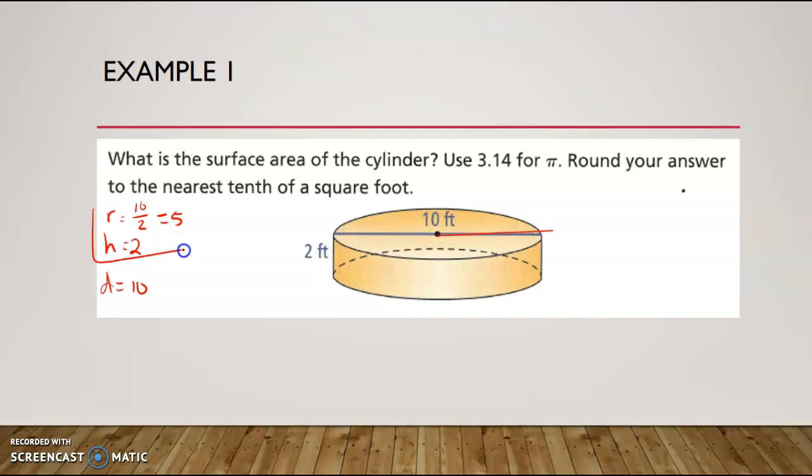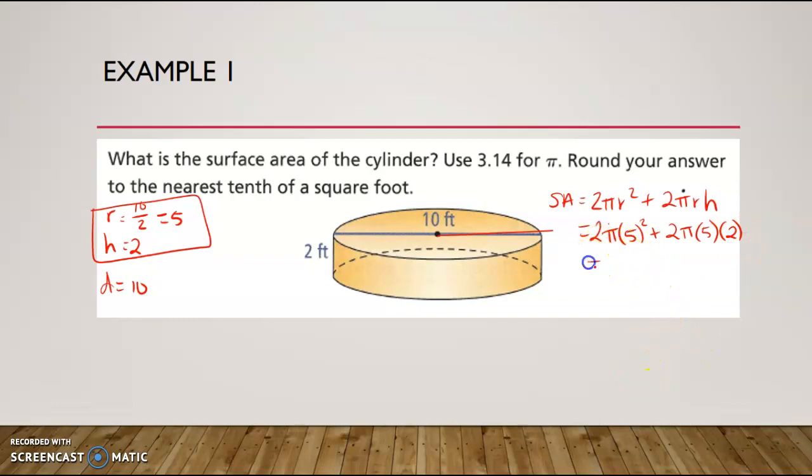So these are the two items that I'm going to use, and then I'm going to plug into my formula. Surface area equals 2 pi r squared plus 2 pi r h. So I'm going to have 2 times pi times 5 squared plus 2 times pi times 5 times 2.